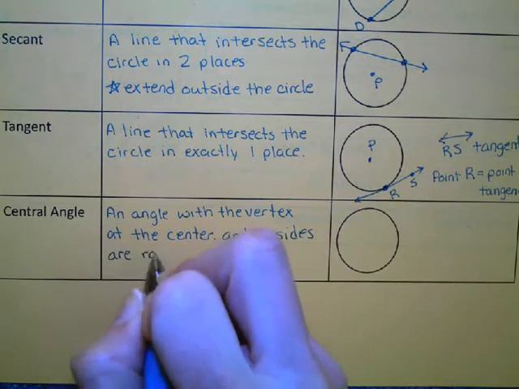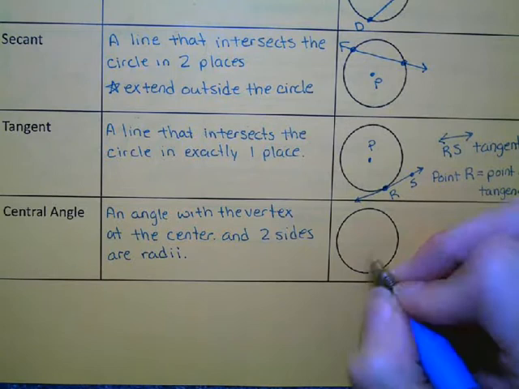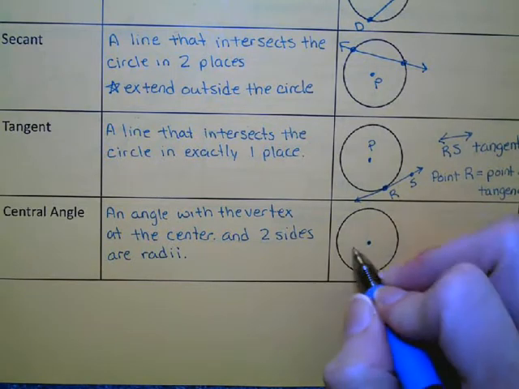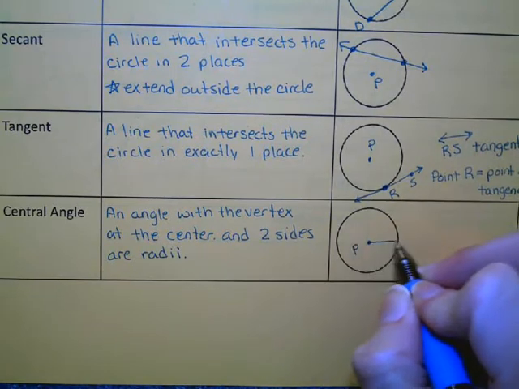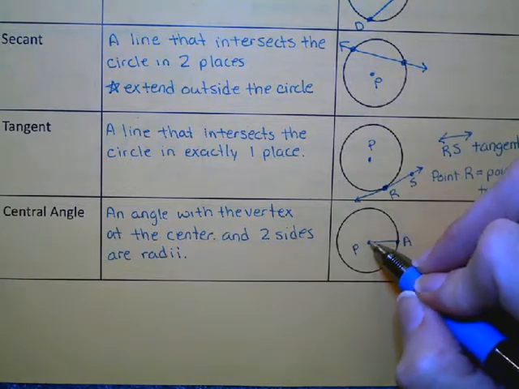A radius connects the center of the circle, say P, to the edge of the circle, which we called like A. So we said PA was a radius. So to be a central angle, it just has to have two radii.